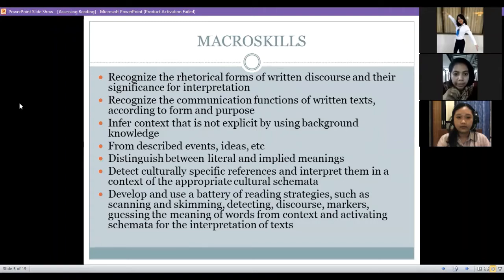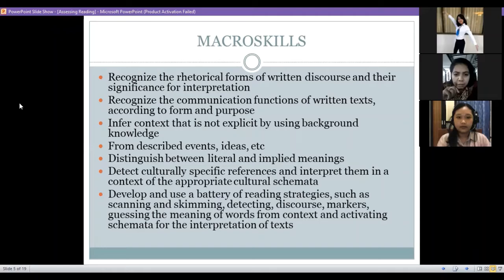Third, infer context that is not explicit by using background knowledge. Fourth is from described events and ideas, to distinguish between literal and implied meaning. Literal is the exact meaning of the reading. Meanwhile, the implied meaning is the implicit meaning, which can't be recognized directly.